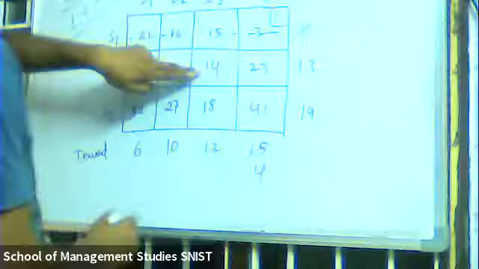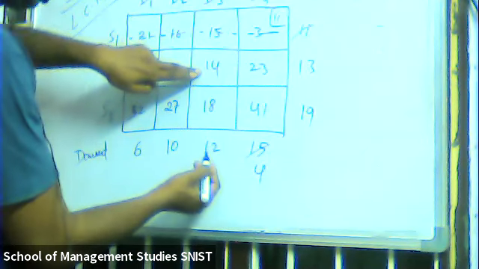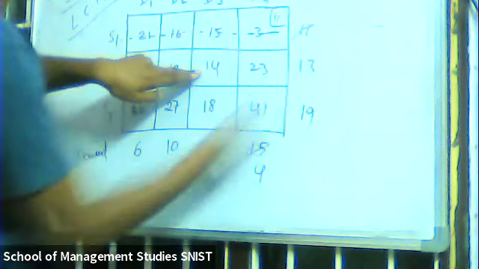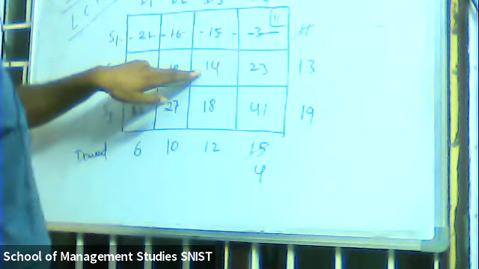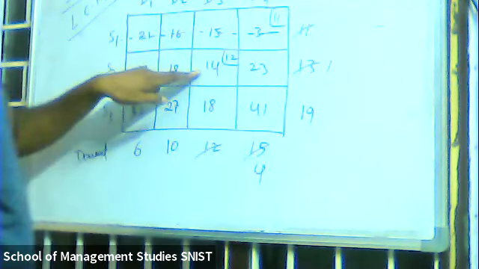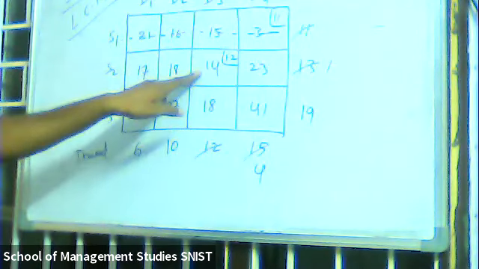Now under 14, again I'm checking D3 and S2, which one is the minimum, demand or supply? 12. So subtract 12. Is it clear? Are you following?